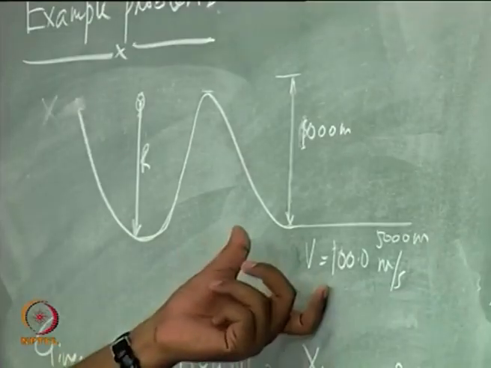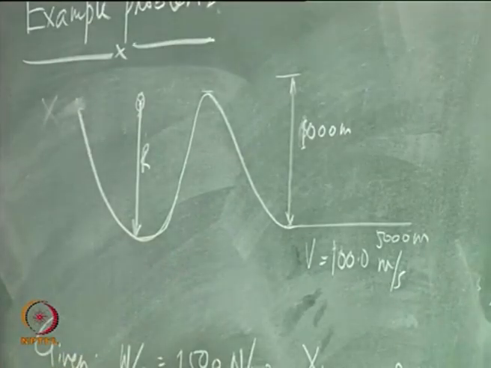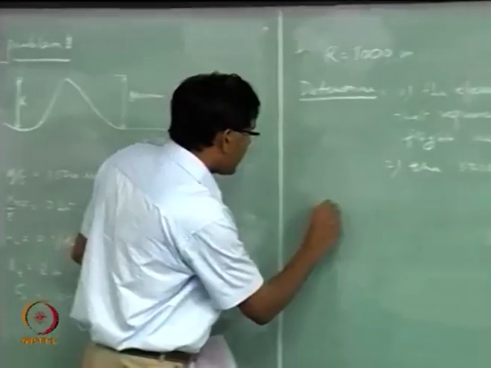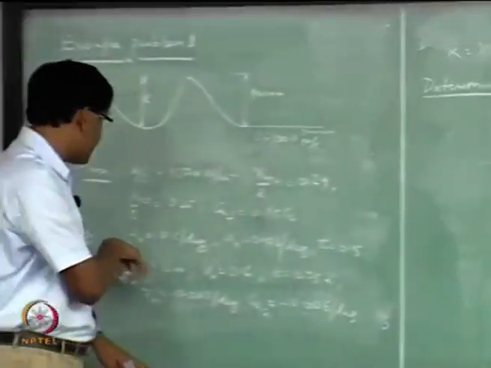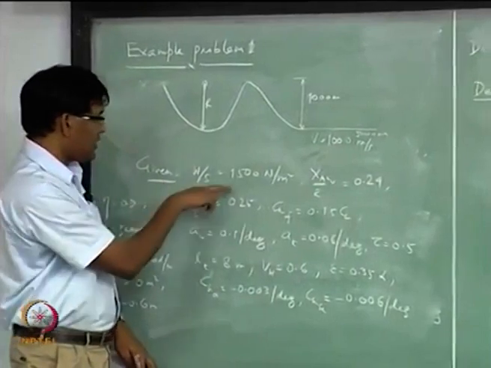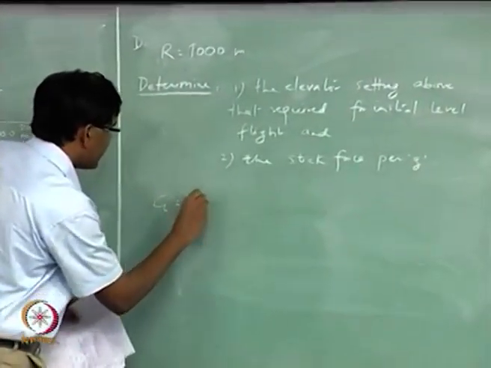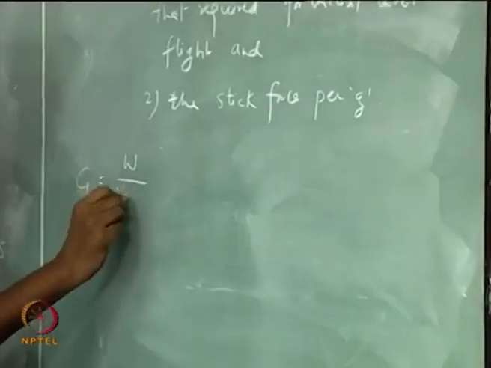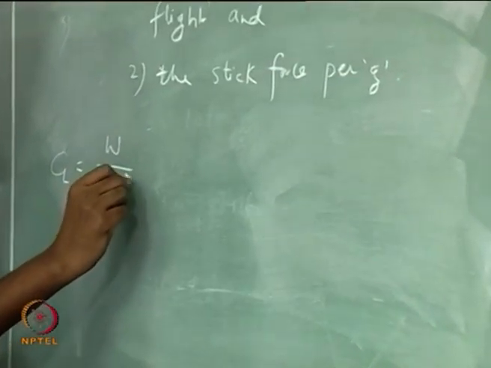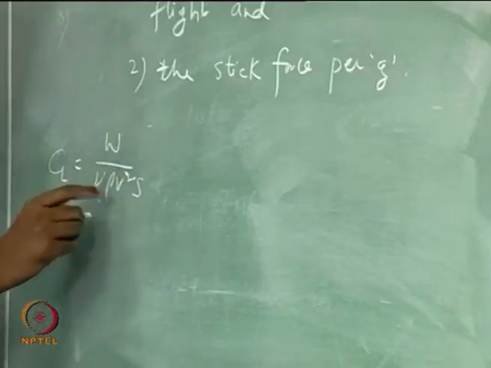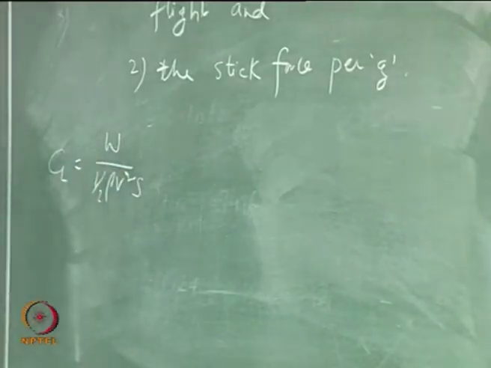You have the velocity, right. So, you have velocity, you have this wing loading given, right. So, I can find out what is CL, which is this rho is at 5000 meters, right.